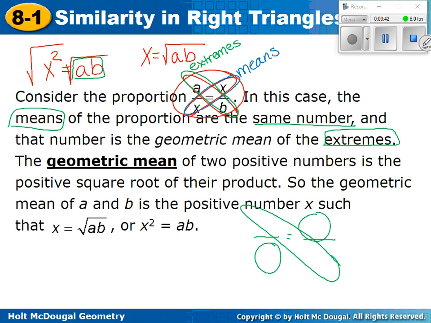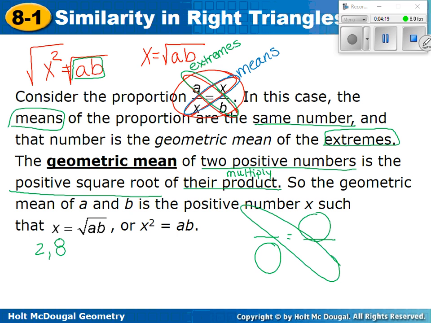The geometric mean of two positive numbers is the positive square root of their product. What does product mean again? Product means to multiply. So what they're saying is if you want to find the geometric mean between two numbers, so for example, let's say my two numbers are 2 and 8, and they say find the geometric mean between 2 and 8.